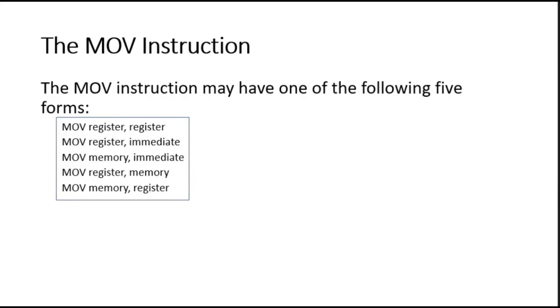Anybody being smart here? You can't do immediate to immediate, right? And what else? You cannot do immediate to register, right? So you should notice this, what you can do and what you cannot do. My time is up.